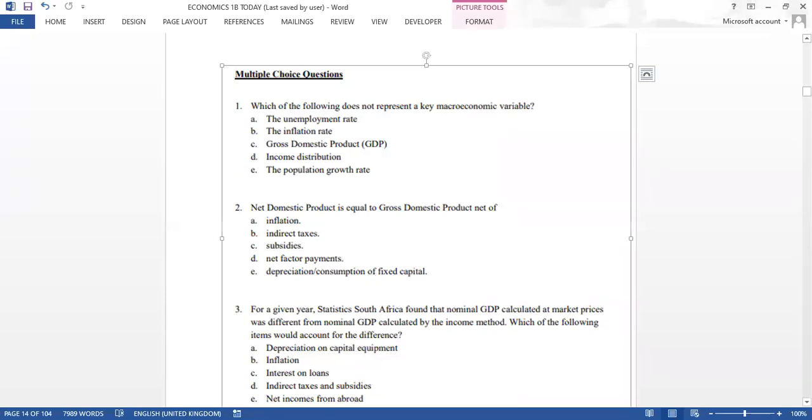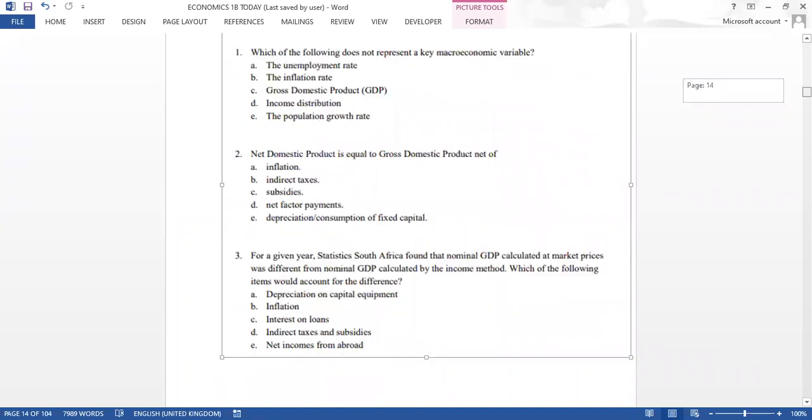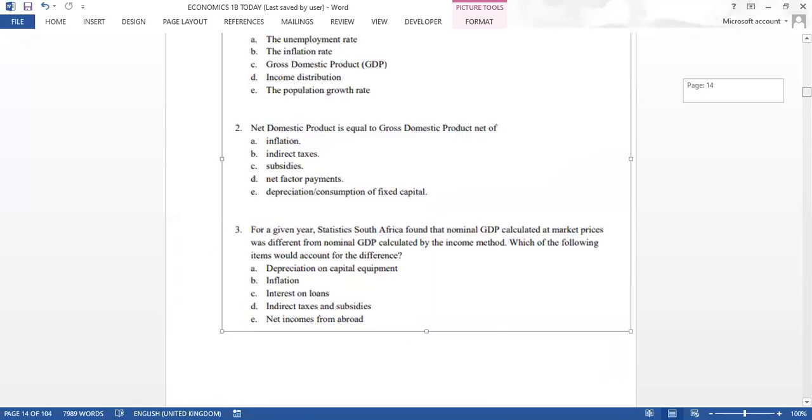Then number 3 is stating that for a given year of statistics, South Africa found out that nominal GDP calculated at market prices was different from nominal GDP calculated by the income method. Which of the following would be the difference?